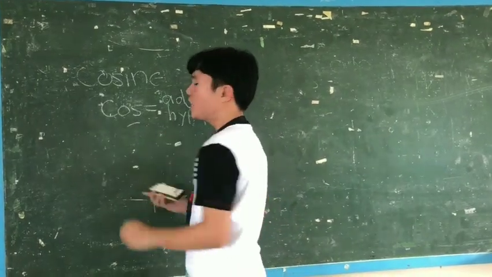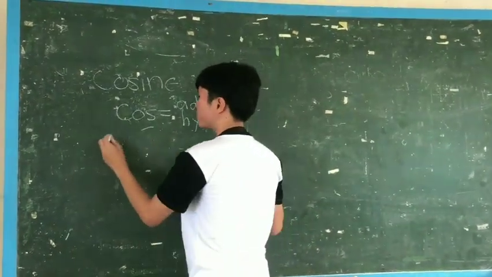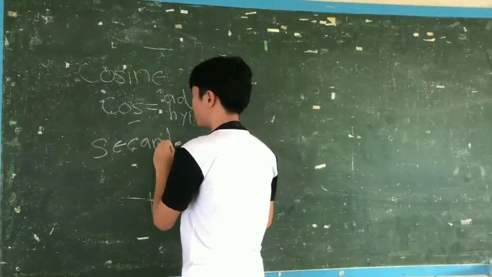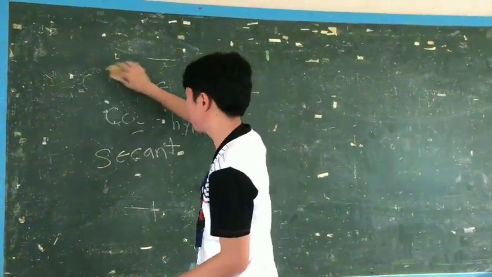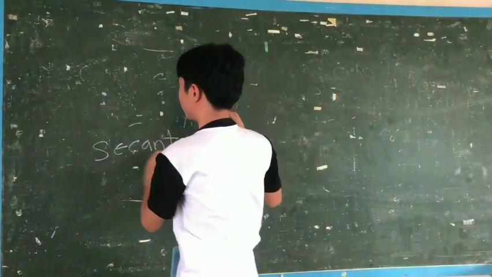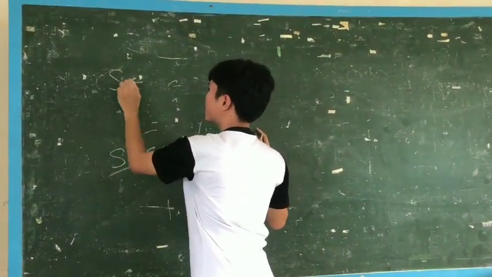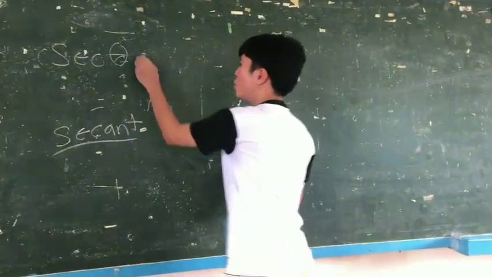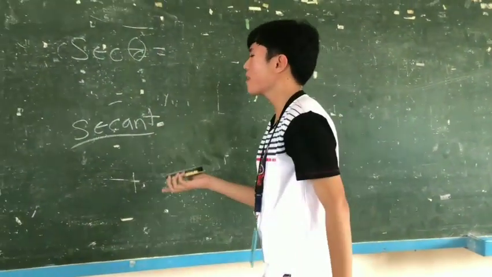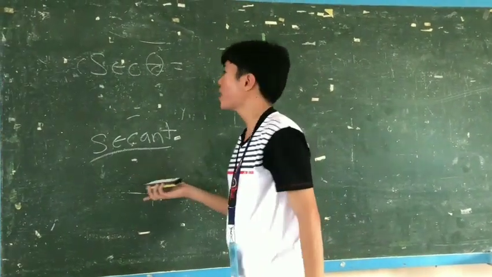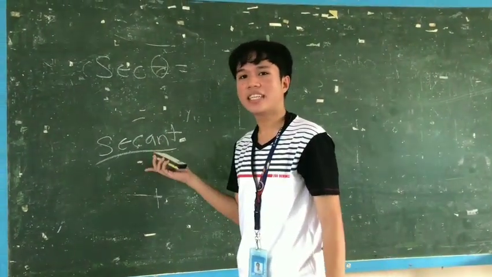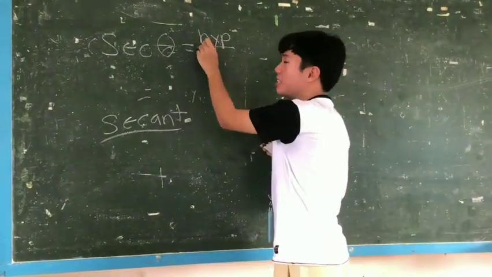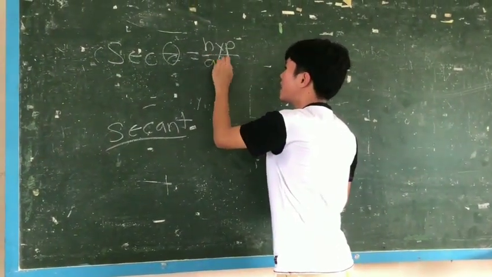While its reciprocal is the secant, which is written as sec. So when we say cosine, the adjacent is above the hypotenuse, while here in secant, the hypotenuse is above the adjacent.